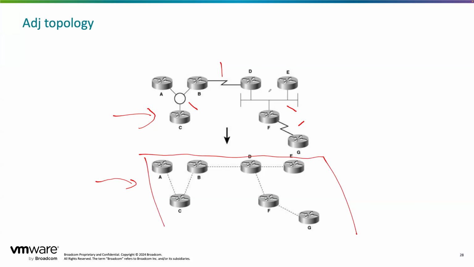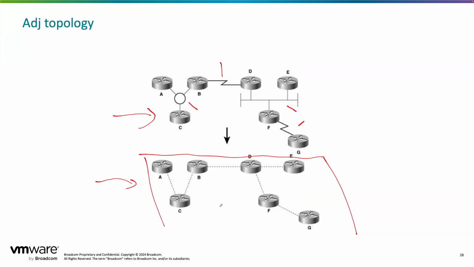You can see, for example, D, E, F sitting on the Ethernet, but if D acts as a DR and E acts as a DR other router, D and E have an OSPF adjacency. You can see that this simplifies the whole topology.